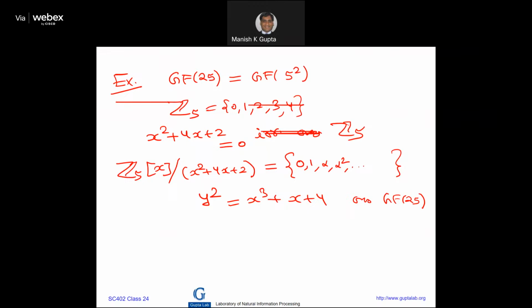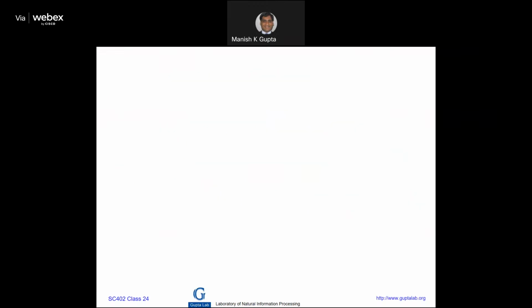Assuming that you are able to construct it, you can keep on doing it. I can do some calculations for you. Suppose I want to add the points (0, 3) and (alpha plus 1, 4 alpha). Then I first compute lambda. This is our P, this is our Q. Lambda will be (4 alpha minus 3) times the inverse of (alpha plus 1 minus 2).